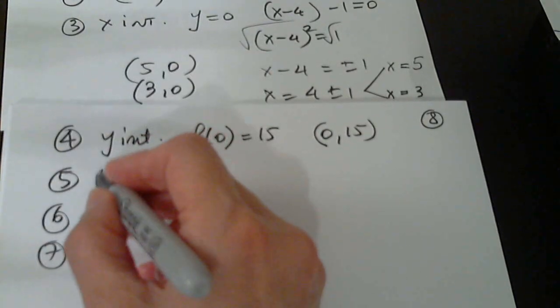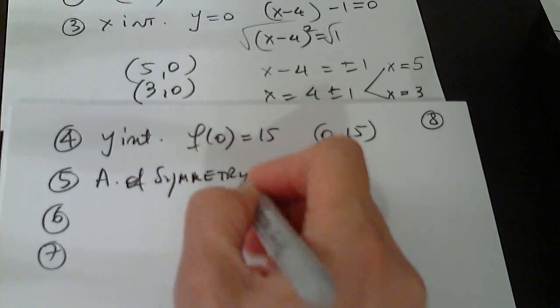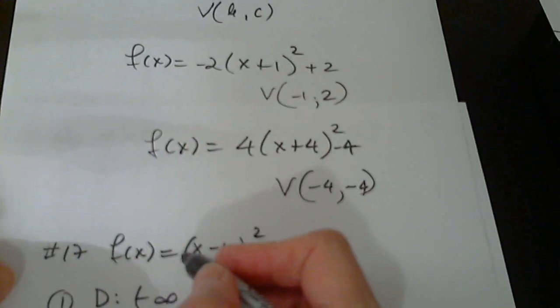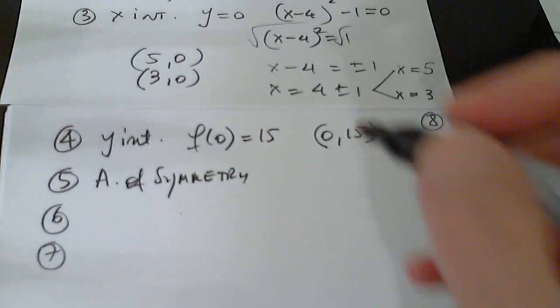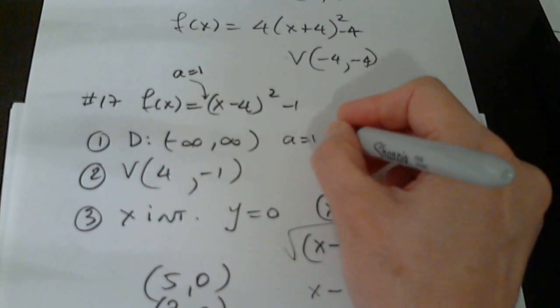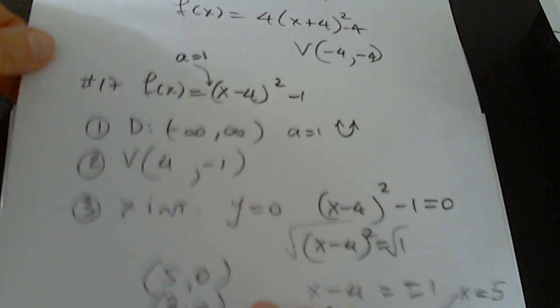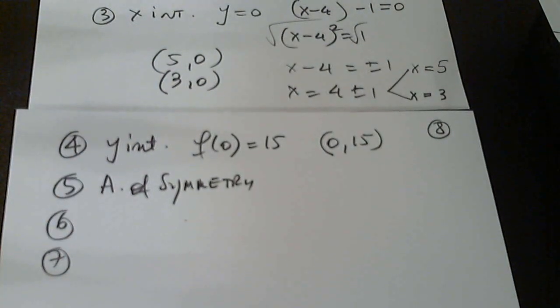Can anyone identify the axis of symmetry? In this case, I forgot to mention the leading coefficient is here. This is the A. A equals 1, so it's a minimum. We already established that because of the transformations, but I should have written it on the side.